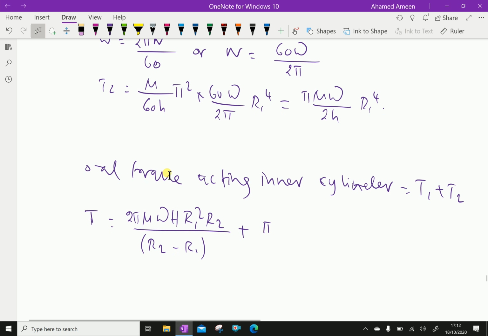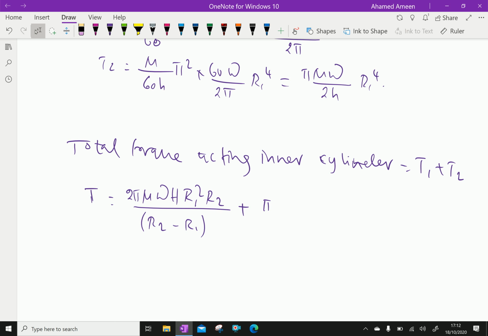Now the total torque acting on the inner cylinder is T1 plus T2. So we have pi mu omega by 2h R1 power 4.